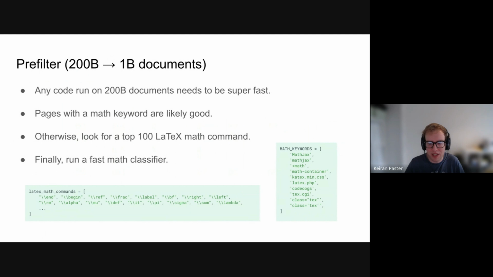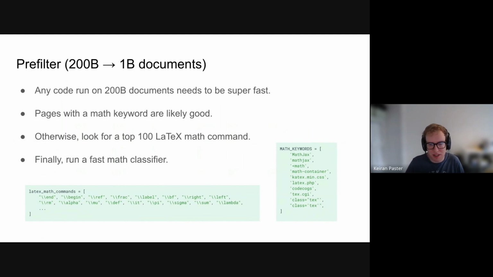For instance, we look for terms in the HTML text, like MathJax or math tags, or common things like KaTeX or the word tex. Anytime one of those appears, we pass it through the pre-filter.